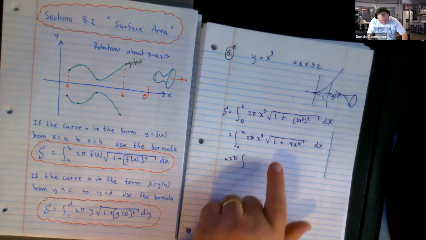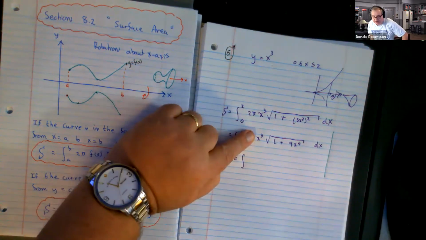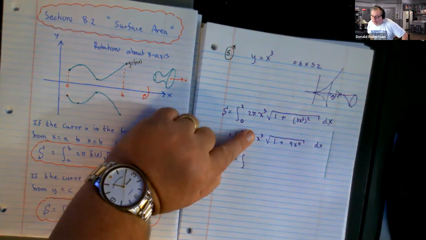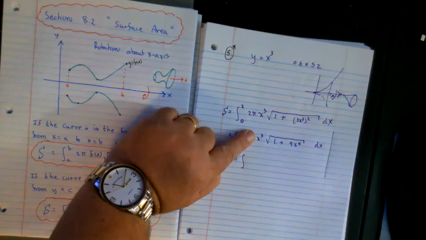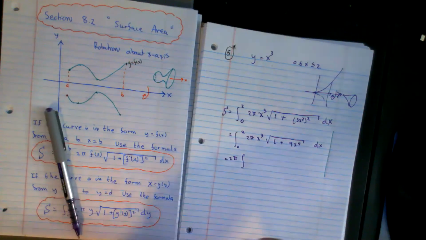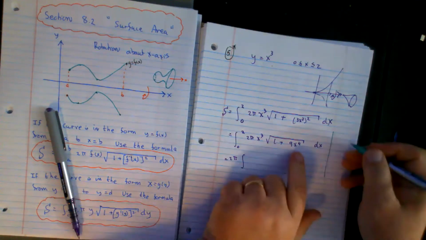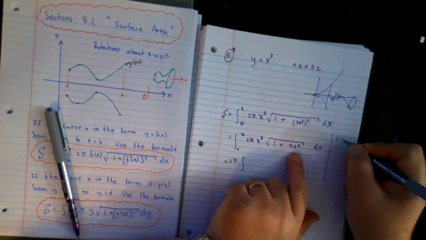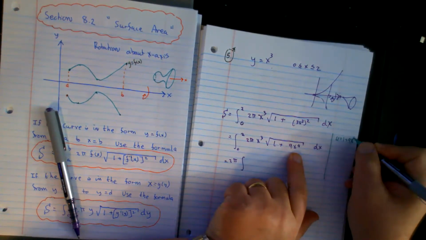What method do you think I'm going to use to integrate an x cubed square root of ugly guy? What technique will we use to integrate it? Use of u. Agreed. What would the u be? Would it be the 1 plus 9x to the 4? Yes, it would be.